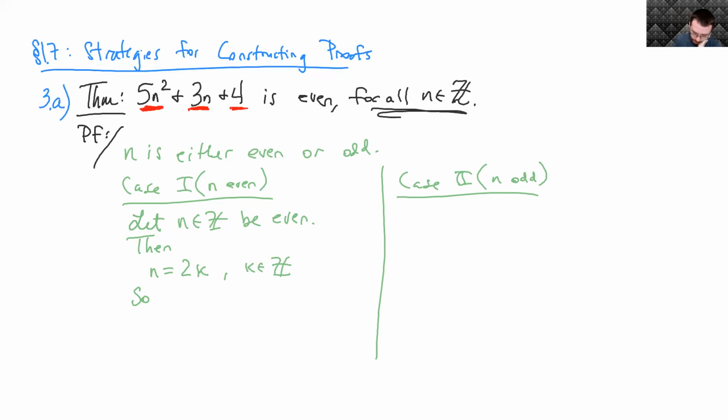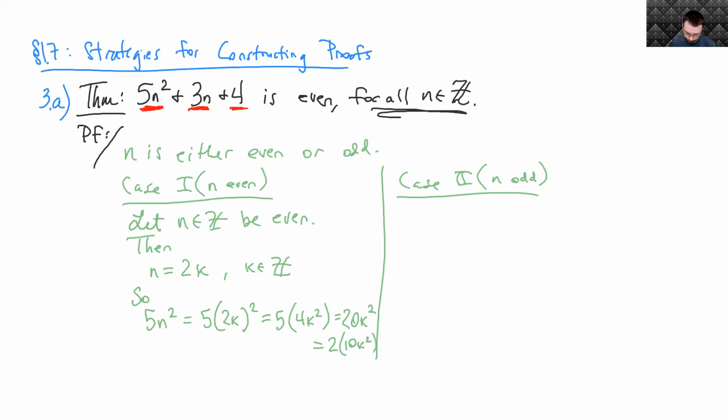Yeah, so I could say 5n squared would be 5 times (2k) squared, which would be 5 times that quantity, which is 20k squared. And then we could make an argument that that's even because that's 2 times some integer.